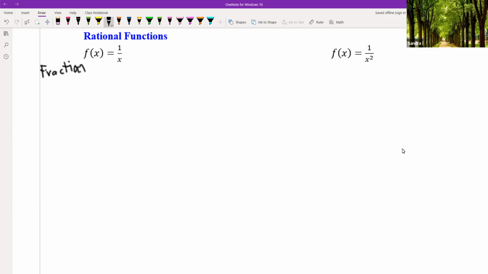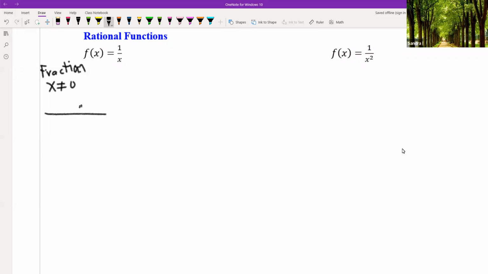We have talked about the restrictions in the domain also, okay? So in this particular case, my denominator cannot be equal to 0. So it cannot be equal to 0, but I also wanna know how close can I get to 0 and can I still get a value?